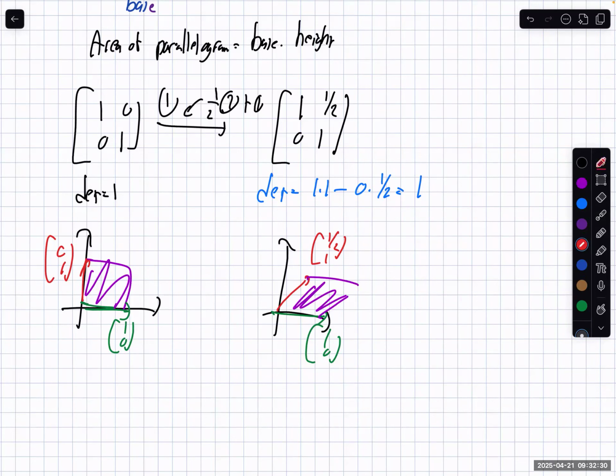So the height here is still 1. The base is 1. It just got tilted over or skewed by a little bit. So the determinant didn't change.